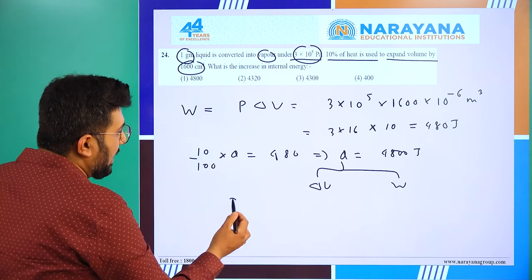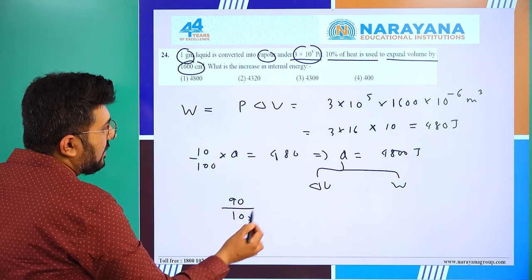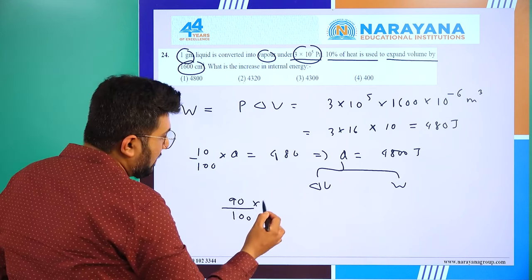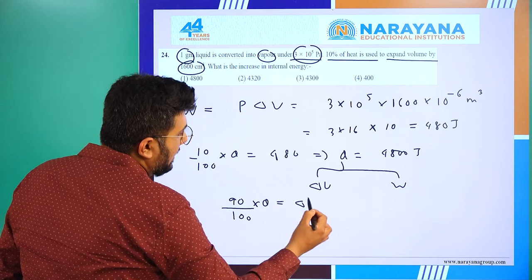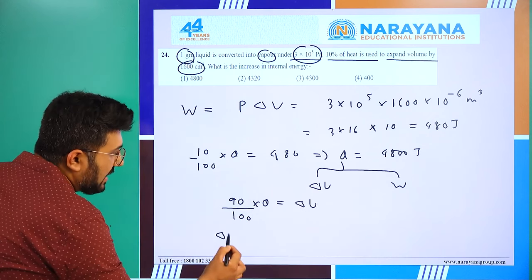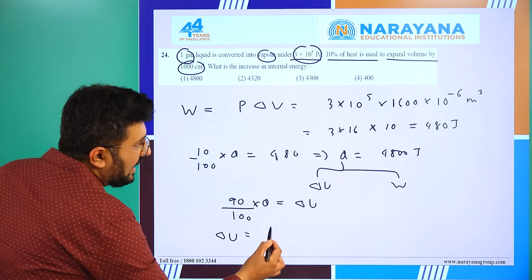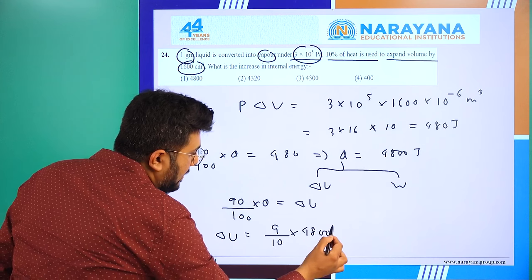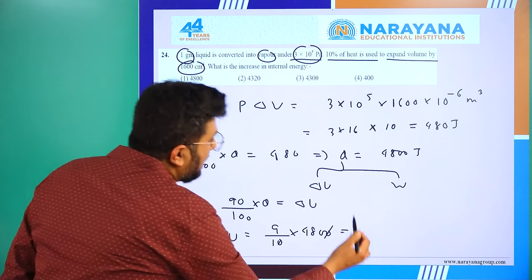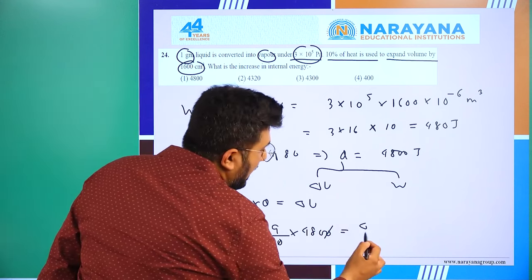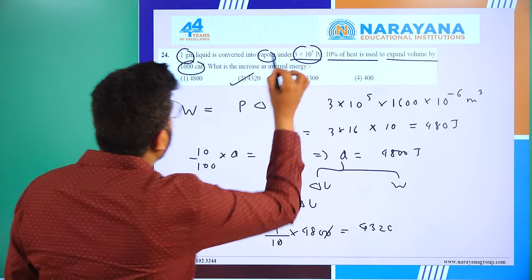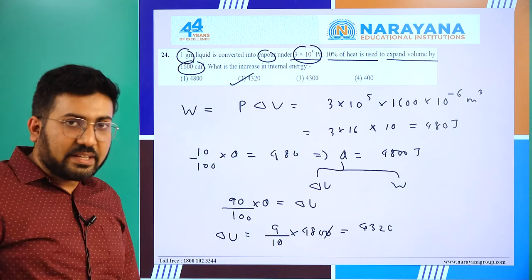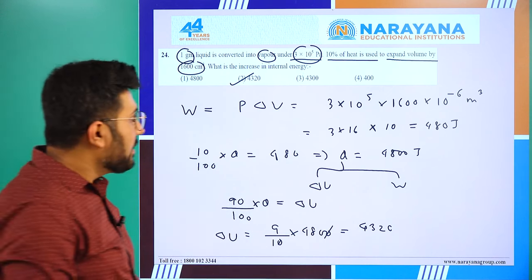So, basically 90% of the heat is delta U. So, delta U equals 9 by 10 into 4800, and that will come out to be 4320. Okay. So, this is the answer, the increase in internal energy. Clear?